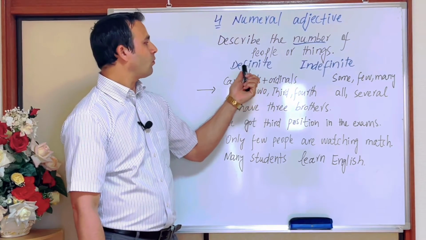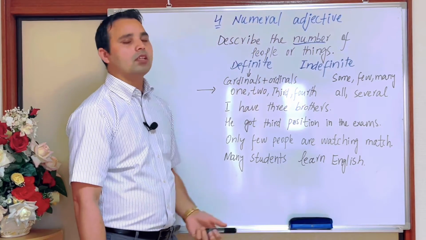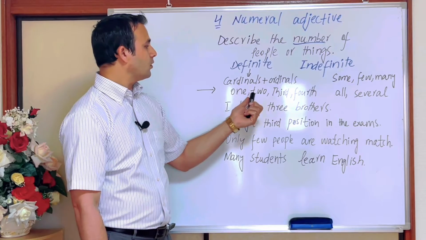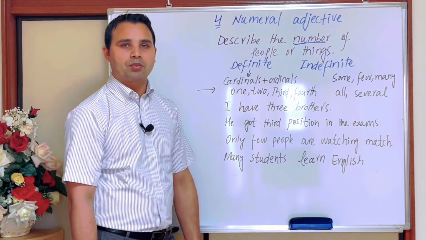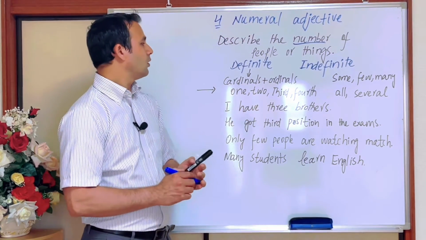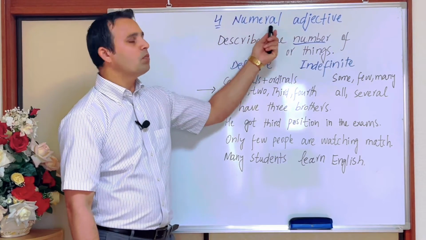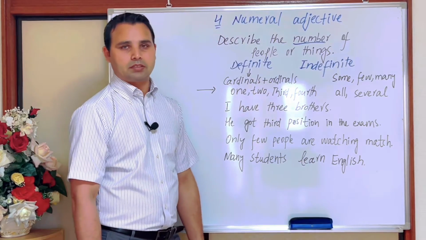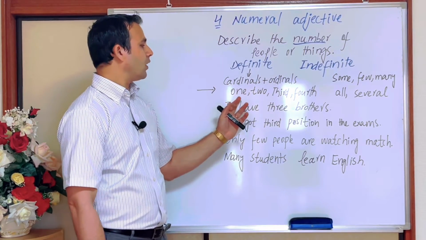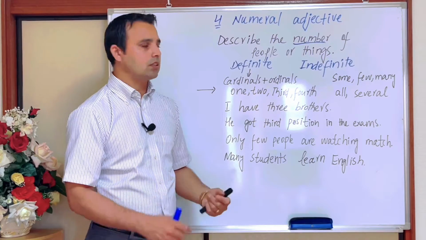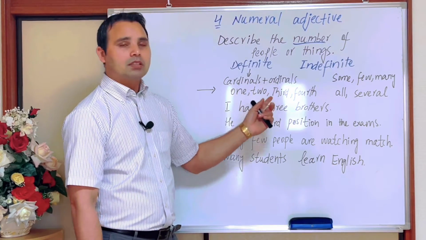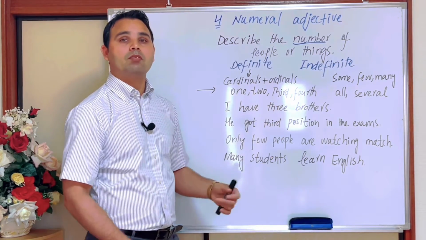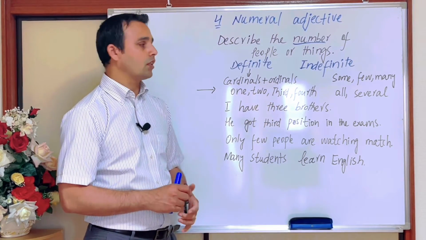The examples of definite numeral adjectives are 1, 2, third or fourth, and mostly the definite numeral adjectives, they describe the cardinals or ordinals. Cardinals means 1, 2, 3, 4, 5, 6, 7, 8, and ordinals means first, second, third, fourth, fifth, like that.